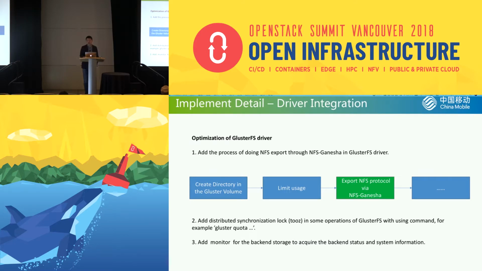Add a monitor for the backend storage to acquire the backend status and system information, so that we can keep a mapping between backend states and Manila logical shares. As we integrated NFS-Ganesha, we use NFS-Ganesha to control the access rule. So the issues of GlusterFS access control will not appear in our NAS driver.